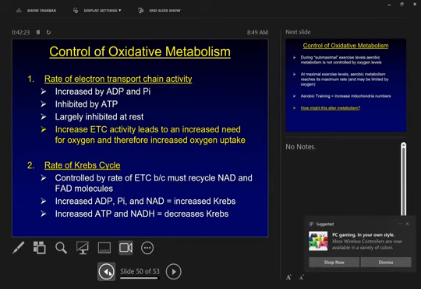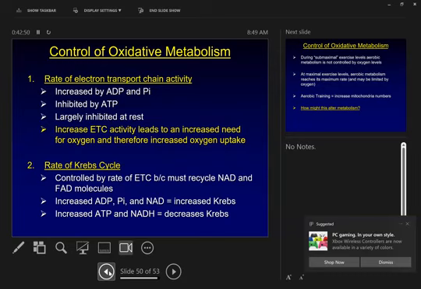For the most part, the Krebs cycle is pretty fast. It is controlled by proxy by the electron transport chain, because we need NAD and FAD to be able to move back up to the Krebs cycle, donate their electrons here, and then be free so that they can come back and collect things there. So in a lot of ways, Krebs is really controlled by electron transport chain activity.